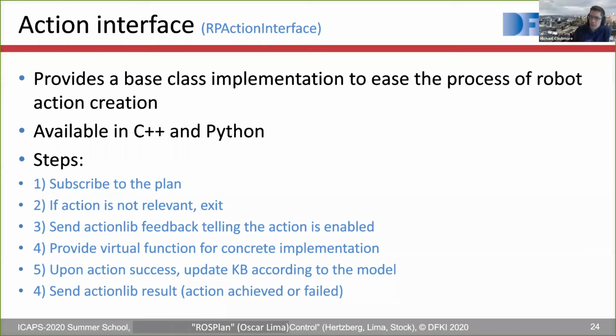Fansha asked, what are the main challenges in ROS and ROSPlan that still need to be solved? Salah asks the same question. Yeah, there are so many. I would say there are challenges for ROSPlan, but there are also challenges for the planning community. ROSPlan inherits the weaknesses of the planning system that you are using.